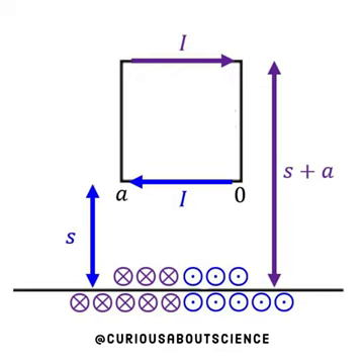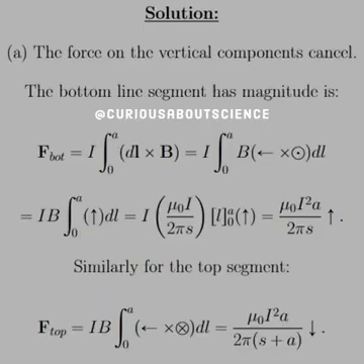And so that just helps us with our directionality, which we'll need in the cross product result itself. All right, so for the analytic part of the solution, for this first scenario A, the force on the vertical components cancel, which is why I didn't draw anything on the diagram. Again, that's just a symmetry argument. You can use that just like we did in electrostatics.